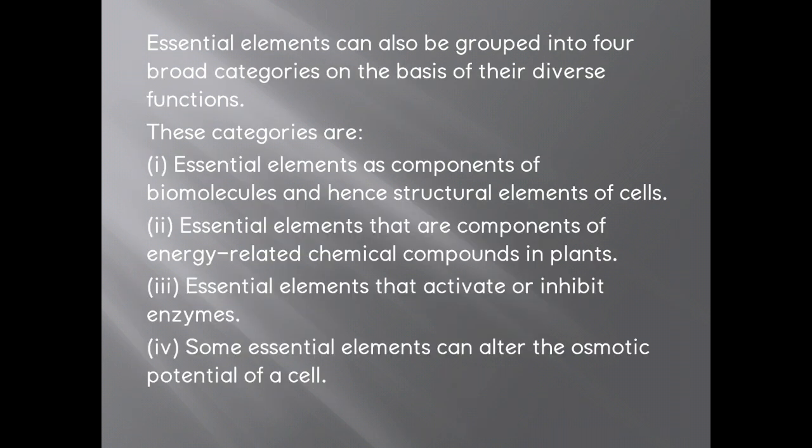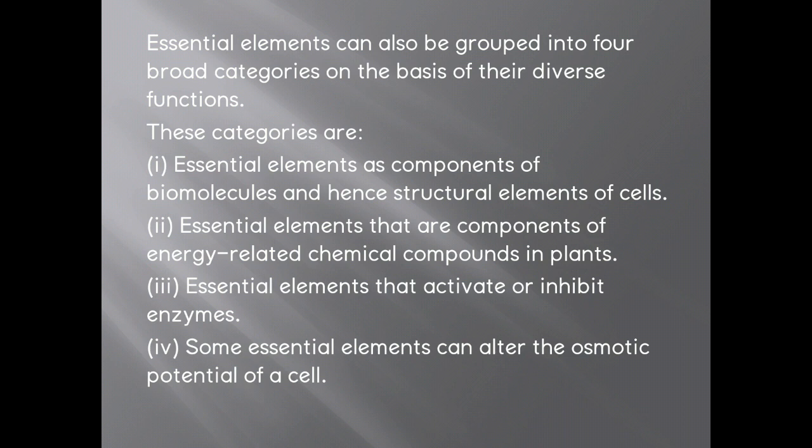These essential elements can be grouped into four broad categories based on their diverse functions. First, they are components of biomolecules and hence structural elements of cells. That is, they are found in carbohydrates, for example, starch and glucose include carbon, hydrogen, oxygen, and lipids and fatty acids also include nitrogen.